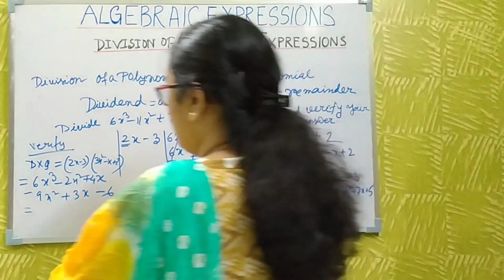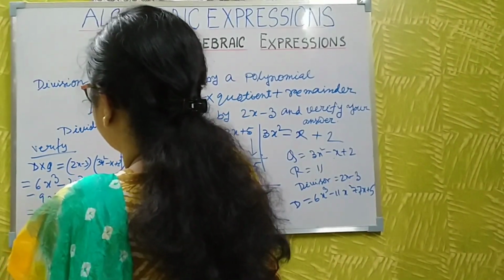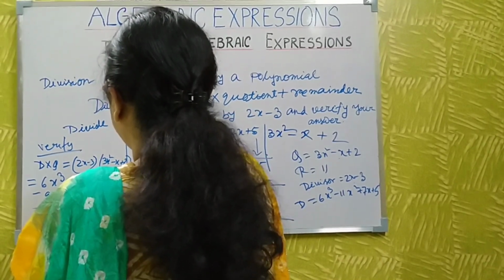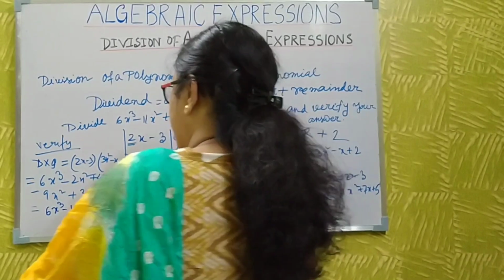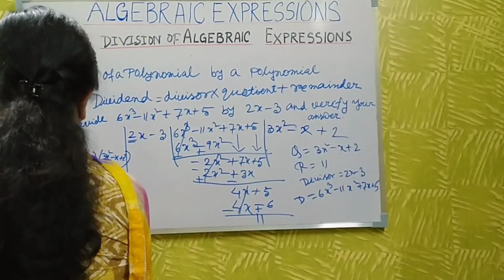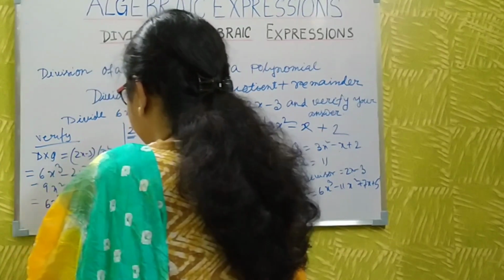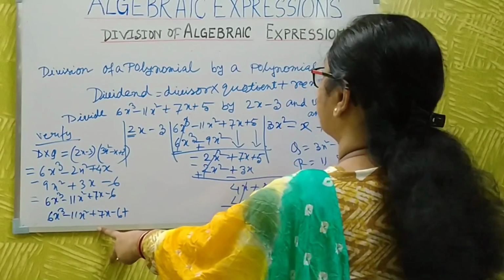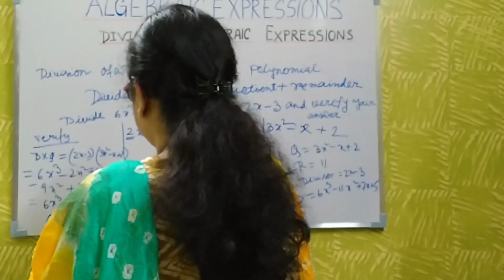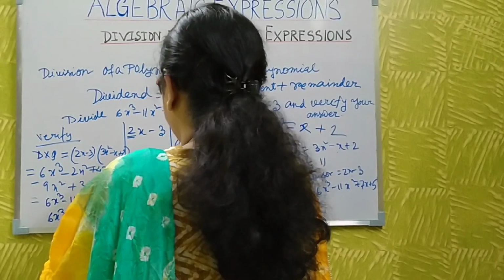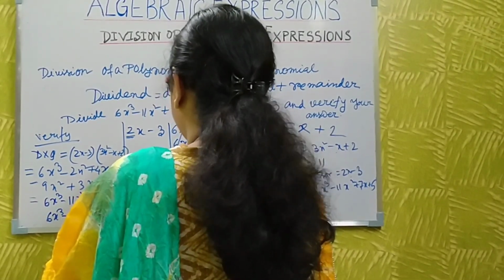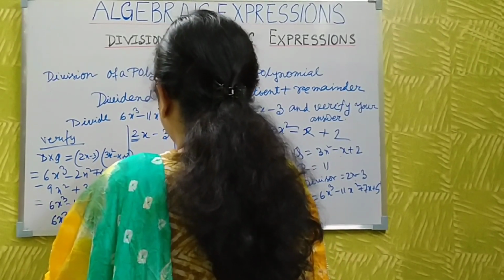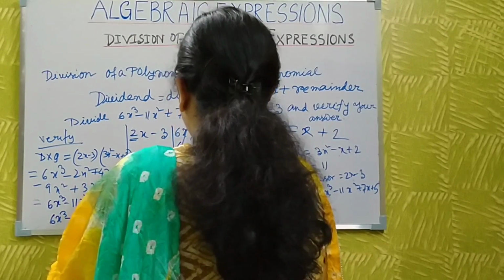Now you write this one, 6x³ minus 11x² plus 7x minus 6, and again you write 6x³ minus 11x² plus 7x minus 6 plus remainder. Remainder is what? Remainder is 11. Then 6x³ minus 11x² plus 7x plus 5. This is the dividend. Verified.